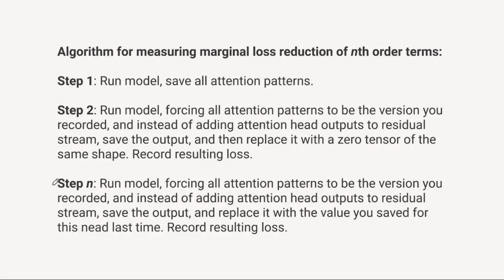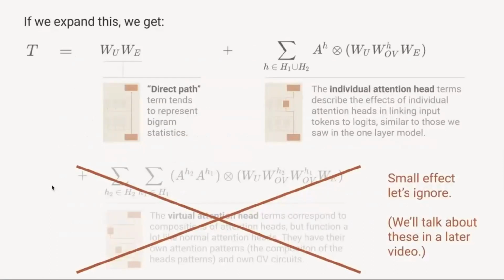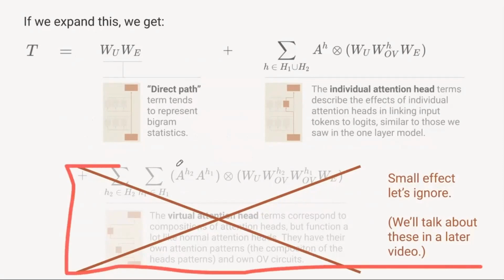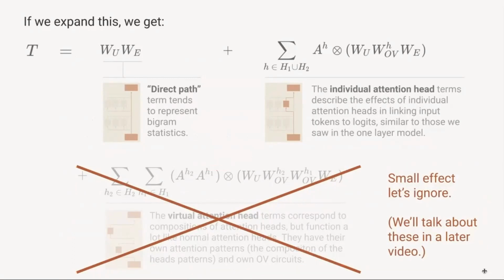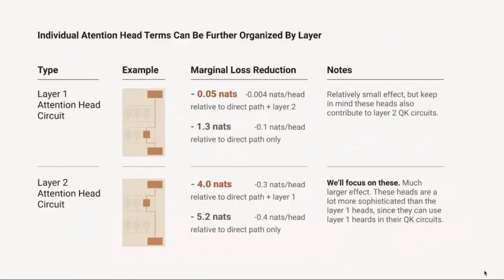And so that's a way you can understand that. Of course, you could come up with all sorts of variants on this algorithm. If you wanted to understand how important things were also going through the effects on attention patterns, you could also do that. Okay, so we think that probably we can ignore the virtual attention heads, or at least they aren't our top priority to understand for this model.